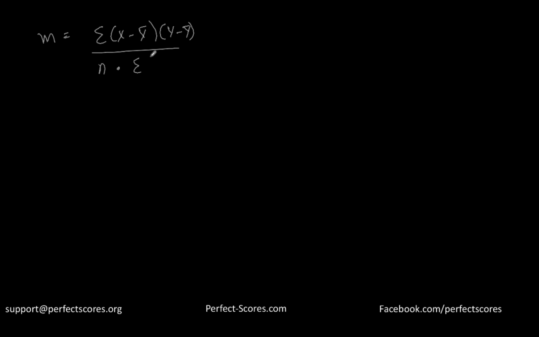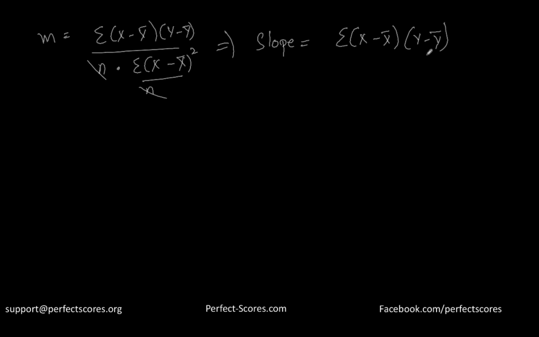Variance of x is summation of (x minus x bar) whole square divided by the number of terms. Now, these number of terms cancel out each other. That means the slope for regression is equal to summation of (x minus x bar) into (y minus y bar) divided by summation of (x minus x bar) whole square. So this is the slope of the line, right?